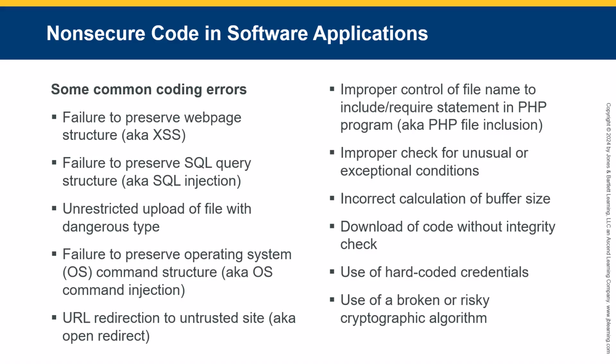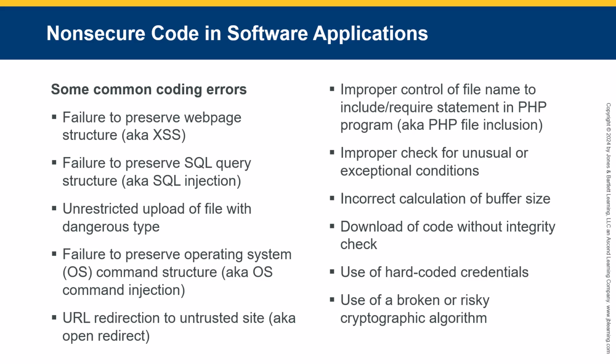You can download code without integrity checking. You should be able to prevent the use of hard-coded credentials. You should be able to use authentication prompts. That way, any calls are done correctly and not listing hard-coded credentials.